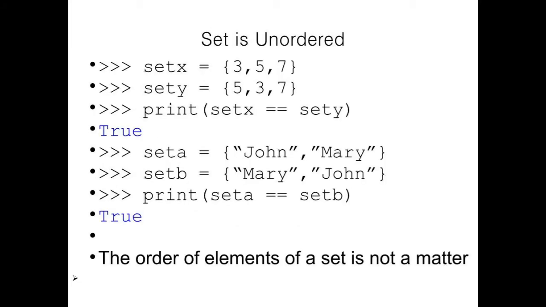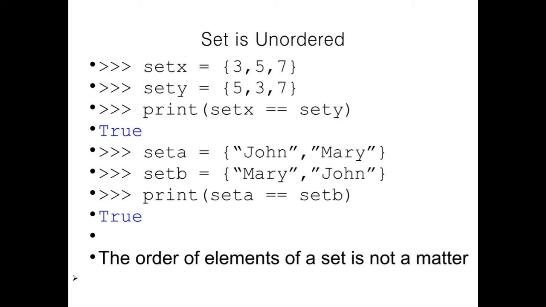So as we said, one of the properties of Python sets is unordered. That means the order of element in a set does not matter. Here we have two examples to illustrate this property of a Python set. In the first example, we have two sets, set x and set y.